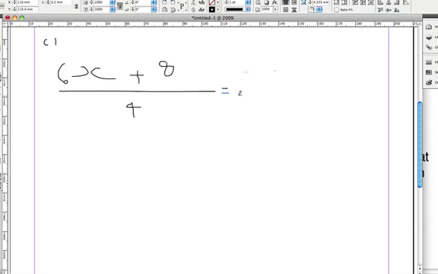So you get 2, and then in brackets what you have left over is 3x plus 4. And underneath, the 4 still remains.